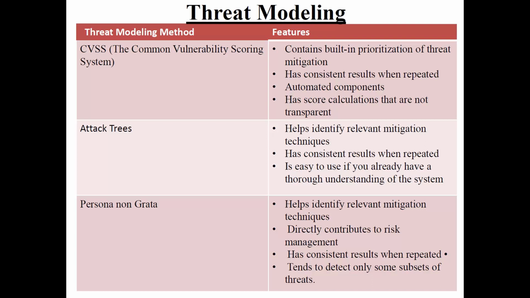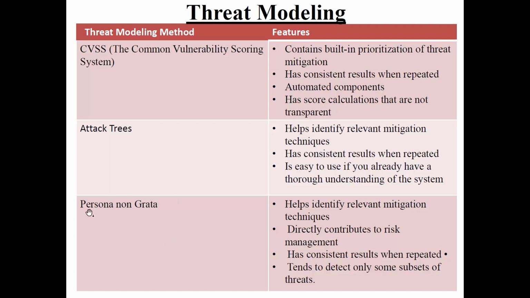Then each of them can be used to mitigate the attack. So it helps identify relevant mitigation techniques. So it's a diagrammatic technique. Also, it has consistent results when repeated. It is easy to use if you have a thorough understanding of the system. But in case the system understanding is not clear, then using this diagrammatic threat modeling method is not recommended.